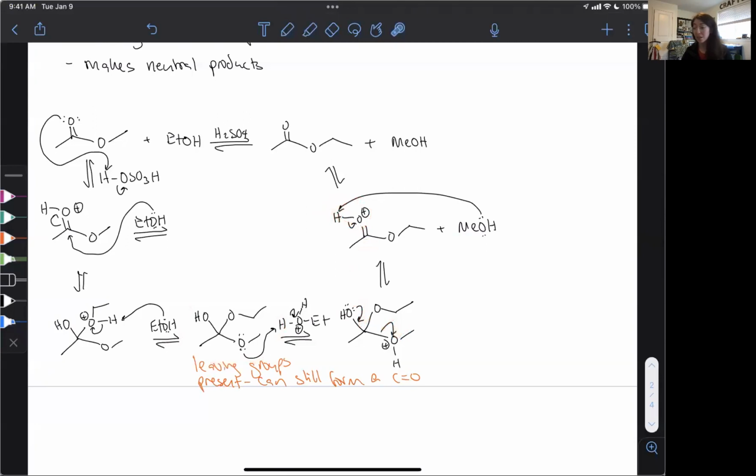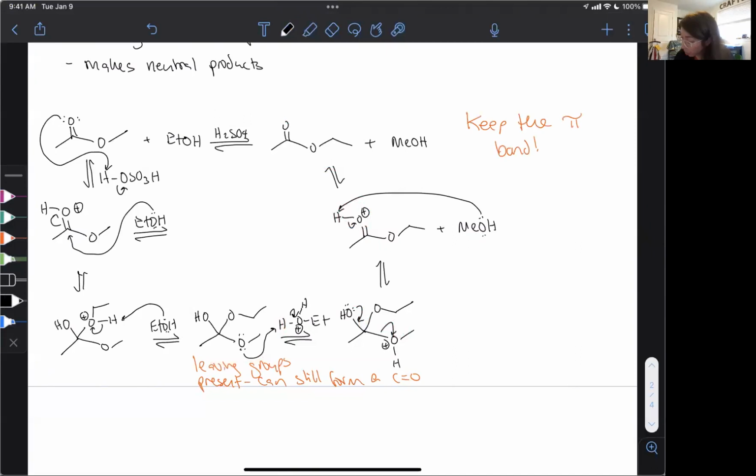We can just deprotonate that and get back to a neutral product, just like we did with the imines. The imines keep that pi bond if possible. These are going to do the same thing. It's going to keep the pi bond. Those carbon-oxygen double bonds are really, really good, so when it can, it's going to keep making them.